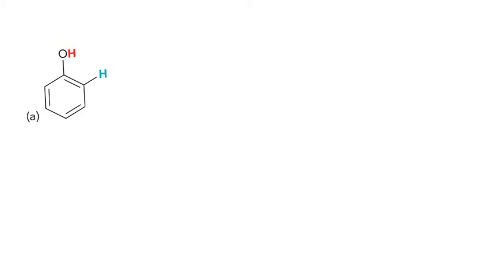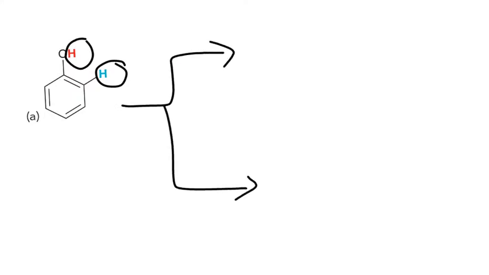Right. So let's look at a couple of examples. Here we're comparing the pKa of this hydrogen. So let's look at what this example is really dealing with, which is comparing the two conjugate bases. So this is the conjugate base.